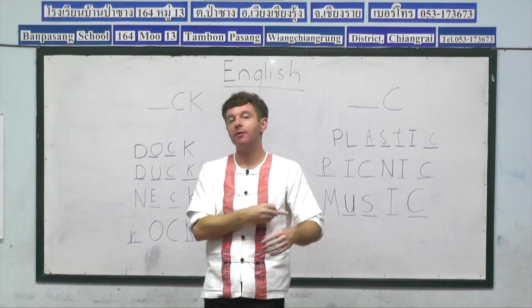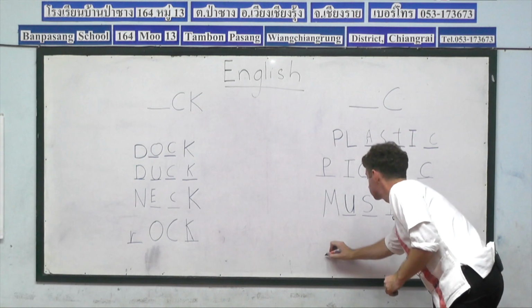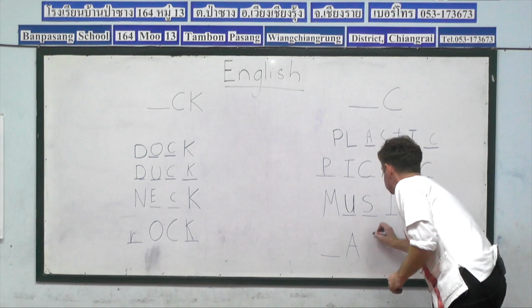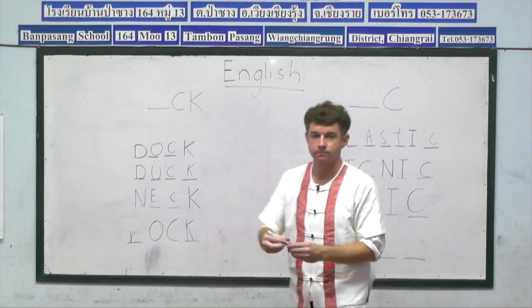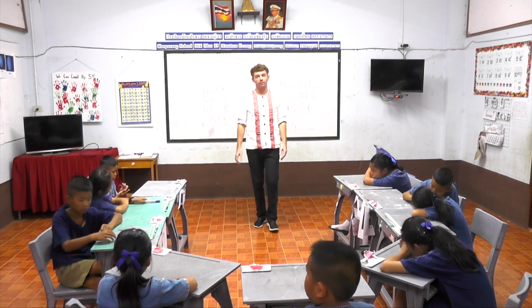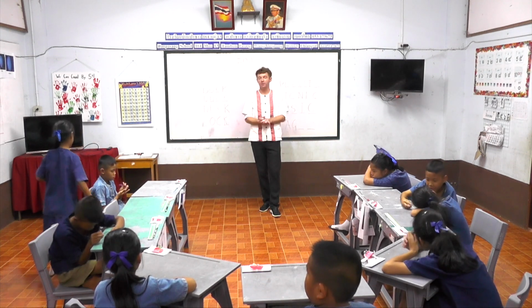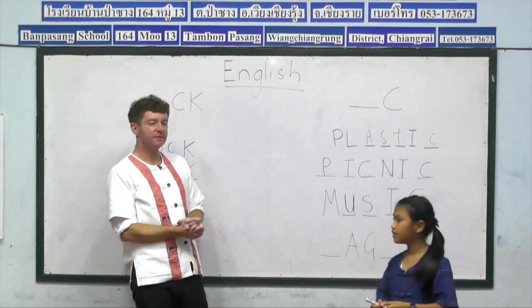And then our final C ending we can have. This one is with Pak Bung. So Pak Bung, come and show us how to spell this word. Any ideas, guys?